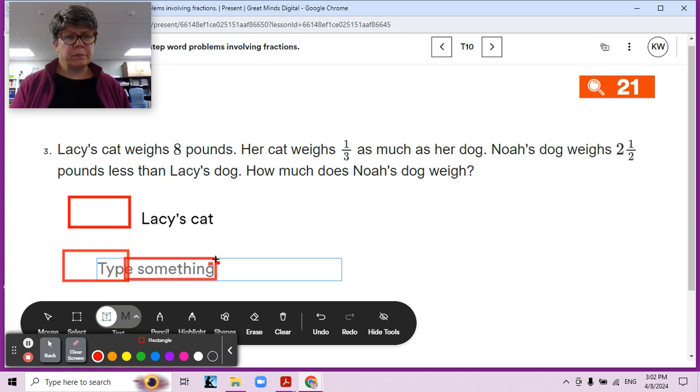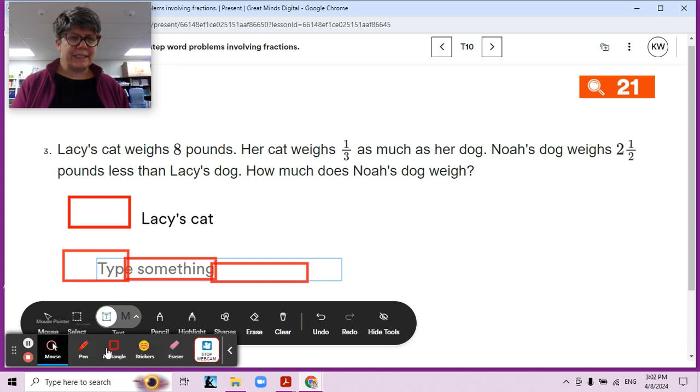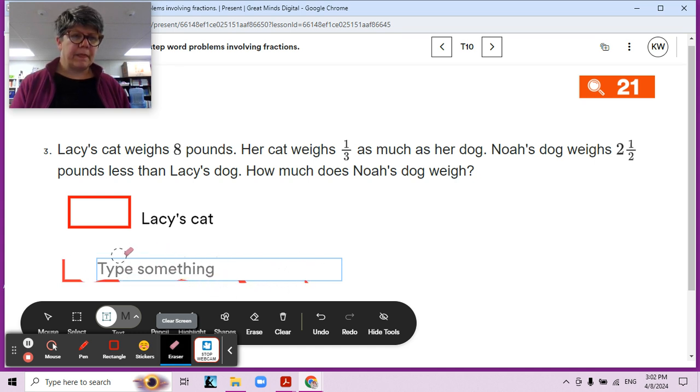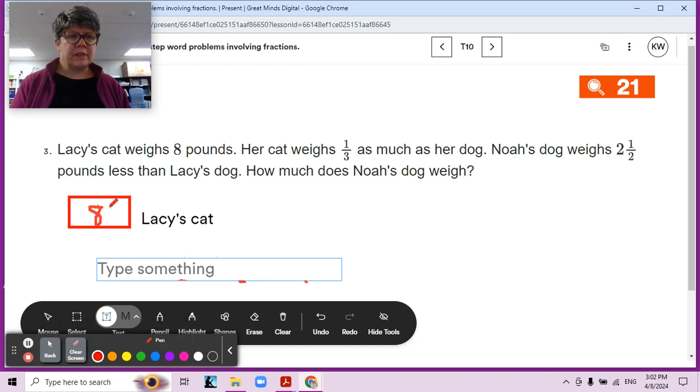But, oops, well, that wasn't so great, but I'm trying to show 3 of those, right? Oh, it does let me erase. Okay, I'm going to try and start that over again. And I'm going to put an 8 in here because that's what Lacey's cat weighs, 8 pounds. All right, there we go.